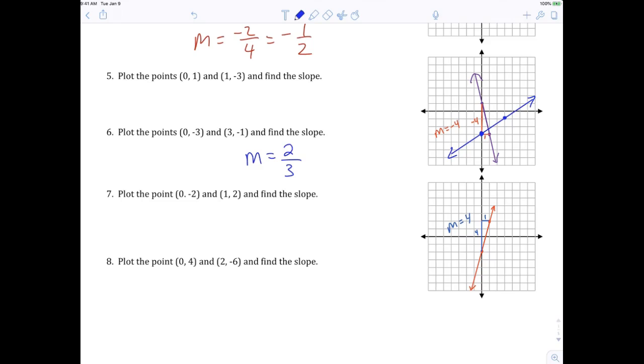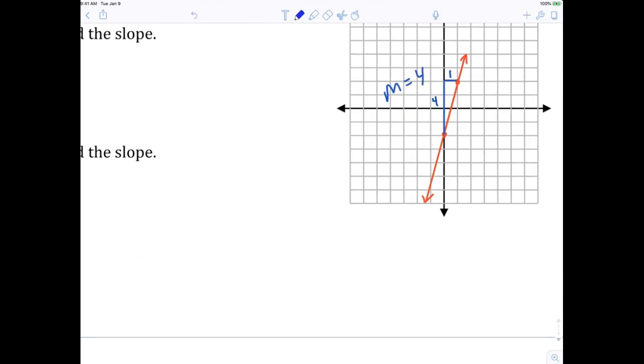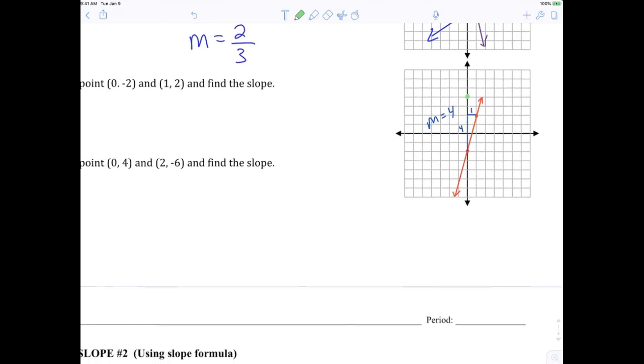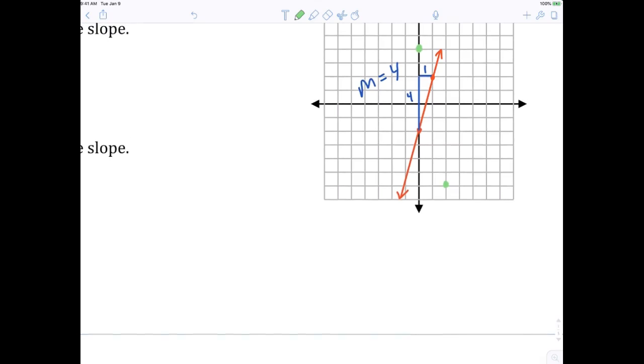All right, so let's check out 8 now. Let's do 0, 4. Right up here. And then 2, negative 6. Way down here. I'm going to graph this.